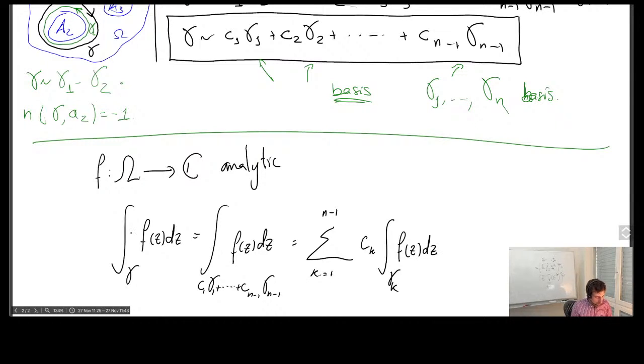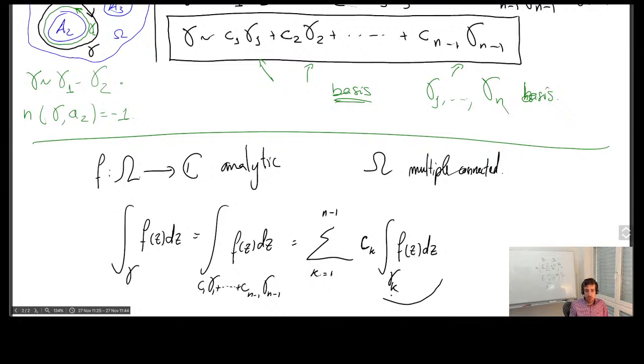And so if my omega is not simply connected, and let's say finitely, finitely connected, multiply connected, then the integral around a curve gamma is just given by the sum of these coefficients that depend on the curve, right? It's how many times it goes around the kth hole, times an integral that's now fixed, doesn't depend on my curve. This no longer depends on gamma.